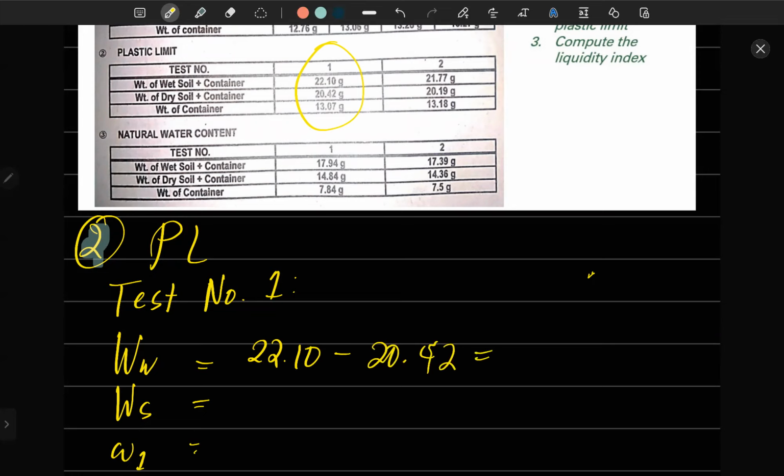This yields 1.68. And then for the weight of the soil solids, we have 20.42 minus the weight of the container, 13.07. This is equal to 7.35. This is in terms of grams, okay?